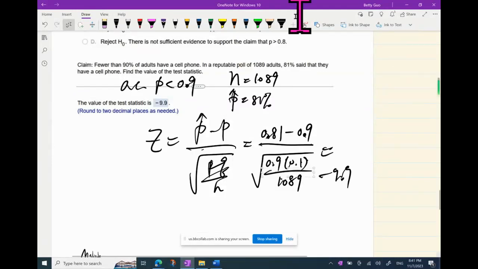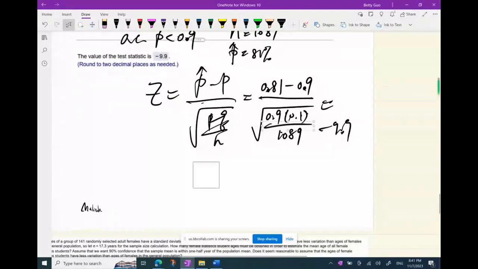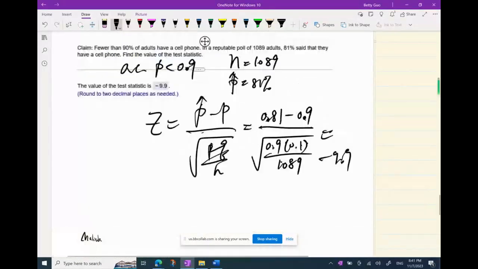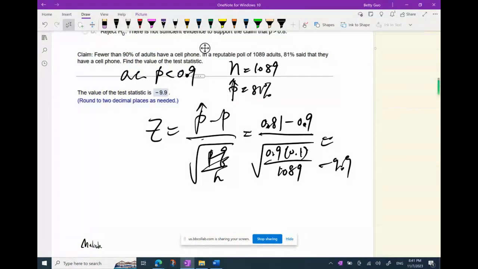Yes, but how do you do that one in the calculator? What I did is enter 0.81. Is it one of the stats tests, or do you have to do this formula? Oh no, you have to do the formula. Oh, I know what you're talking about. This is a proportion test. The original claim is the left tail.